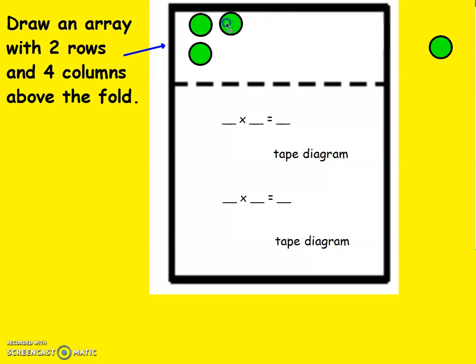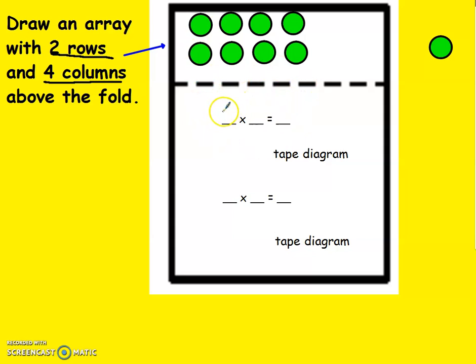So this is our array model for 2 rows of 4. This is our array model right here.